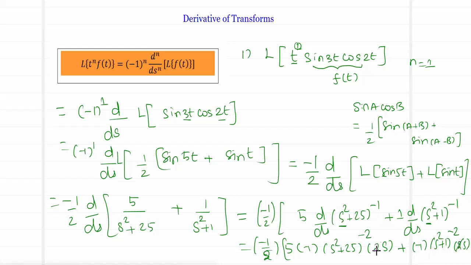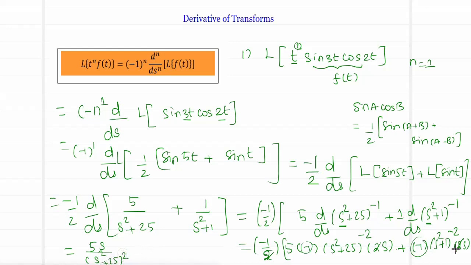This 2 can be cancelled with the 2 in the denominator, and the minus signs cancel with the minus sign outside. Hence, the final answer will be 5s, with the minus 2 power coming to the denominator as (s squared plus 25) whole squared.